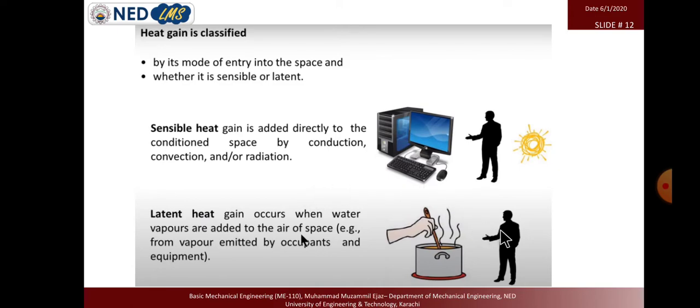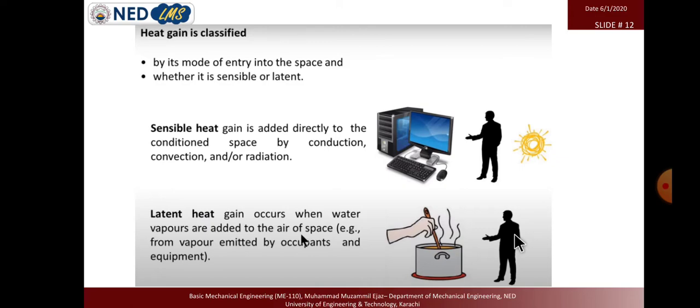The major quantity that is added into the conditioned space is human sweat, पसीना. The sweat released from our body is evaporated into the conditioned space, and that is producing the latent heat. And not only by this person; in areas very near the sea, like Karachi, we have a high relative humidity.